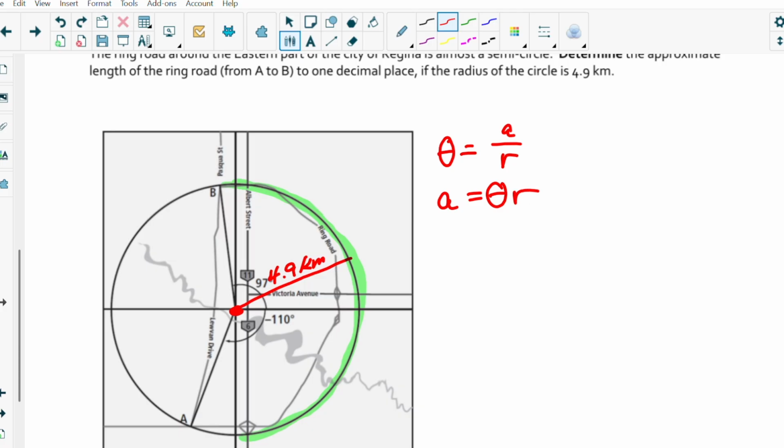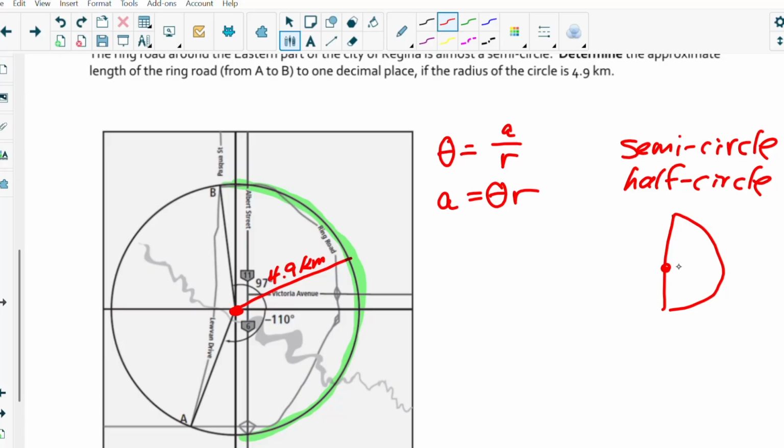So arc length equals theta times r. Okay, what's the central angle for a semicircle or half circle? That's 180 degrees or pi radians.